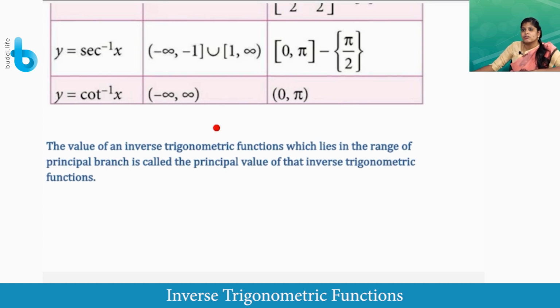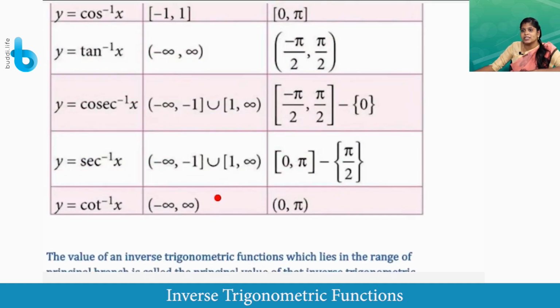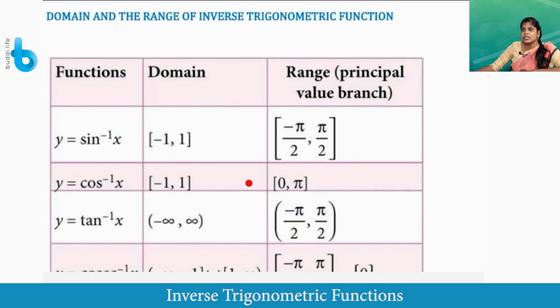For that you have to find the value of the inverse trigonometric function, and you have to check whether that value lies in this range. Suppose you are given a sine function to find the principal value: find the value of that function and check whether the value lies in this range. If it lies, then that value is the principal value.